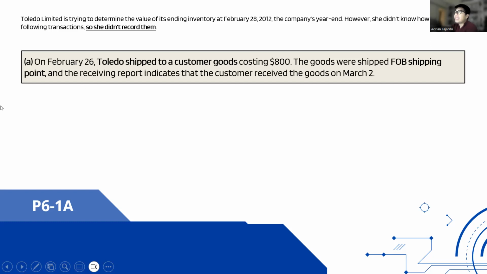So, how do we analyze this? Number one, how I would analyze this is, ano ba POV ko? We ship to a customer. So, automatic, in my head, we're a seller. Okay, we're a seller. Now, what was the shipping idea? The shipping idea was FOB shipping point.